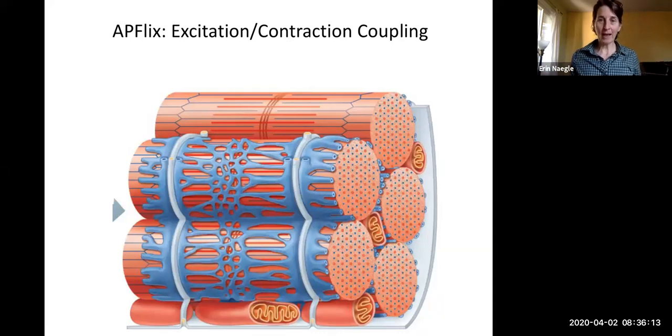Because you've got to have calcium being released in a short enough distance that it can actually have an effect, right? Because calcium is going to bind to the troponin on the actin. So imagine this calcium that gets released here has to travel through diffusion to this actin fiber, where it's going to bind to the troponin on the actin fiber.